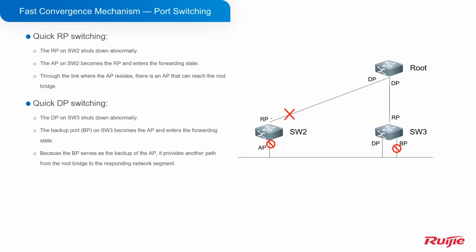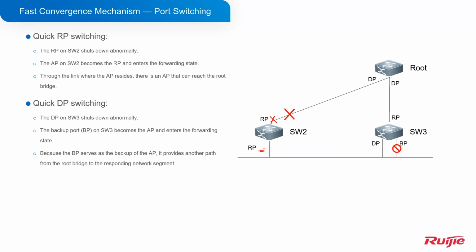If this port is abnormal, in this case, the AP on SW2 becomes the RP and enters the forwarding state, which means we will activate this port on SW2. You can see here, through the link where the AP resides, there is a path that can reach the root bridge. So it will become the new RP. This is the reason why we say that AP is the backup of RP.